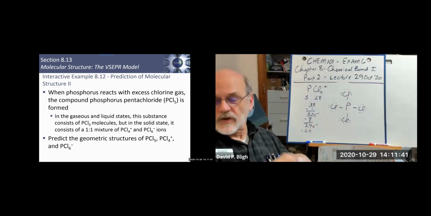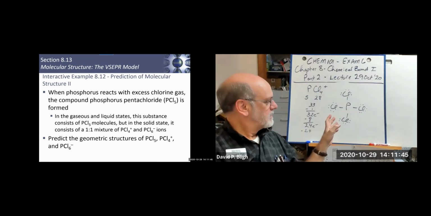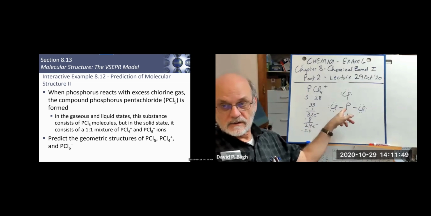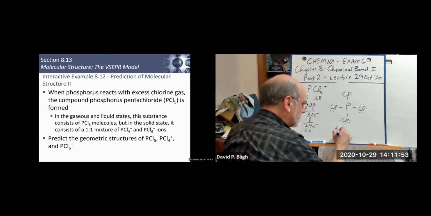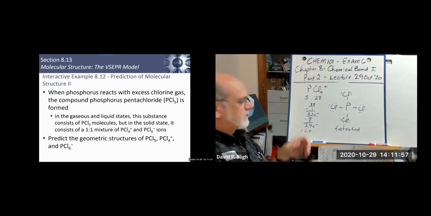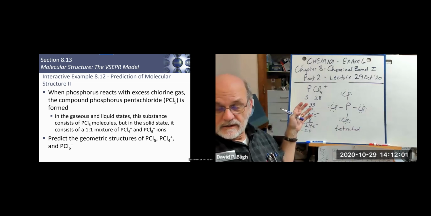Right? So with 4 groups, what's the shape? Well, electronic and molecular in this case, because there are no lone pairs, is tetrahedral. Okay, simply by removing 1 chlorine and giving it a plus charge, we form a tetrahedral molecule.